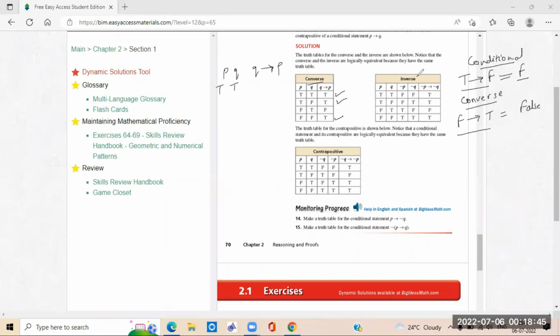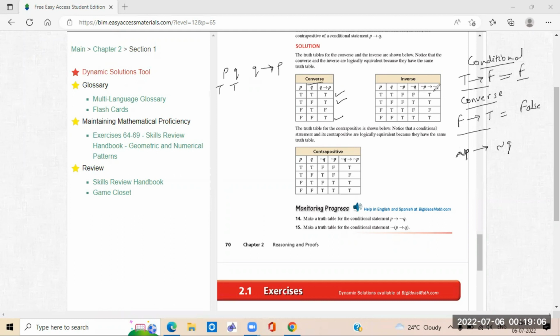Now going for the inverse. When we take the inverse, we need to take the negation: not P implies not Q. So when we take the inverse, you see the number of columns are increasing because we have to take the column for not P, not Q, and then we have to take both.